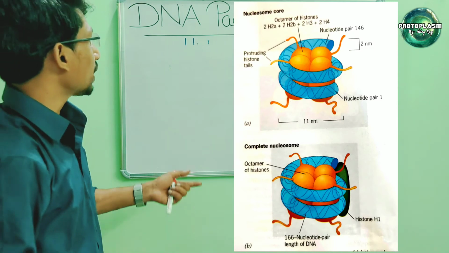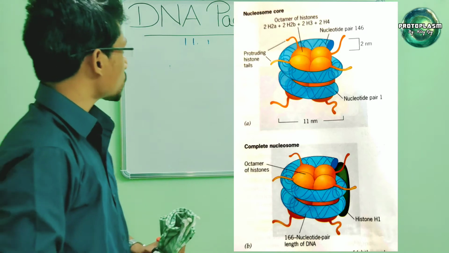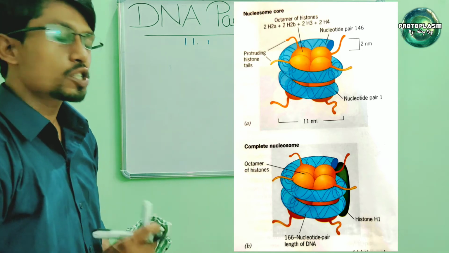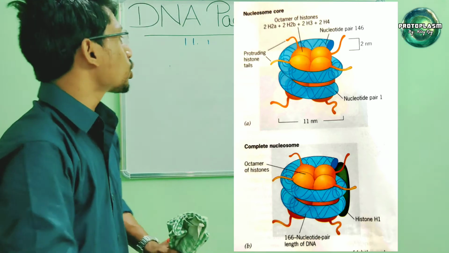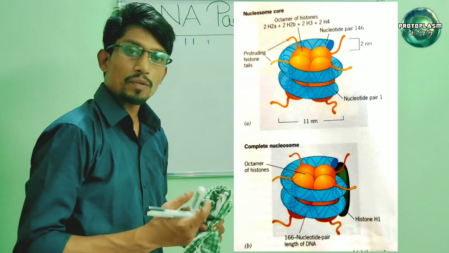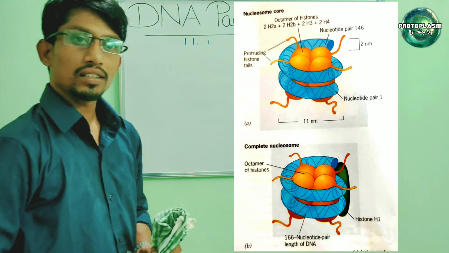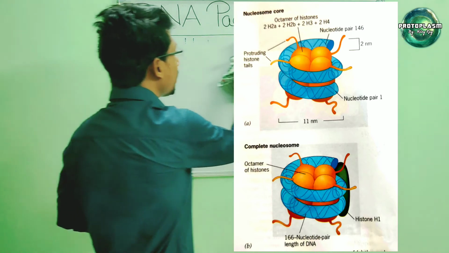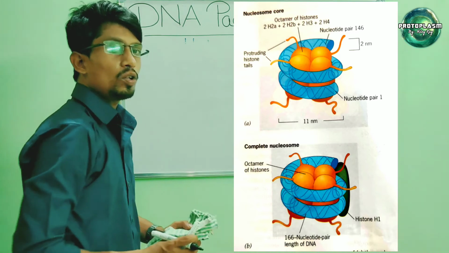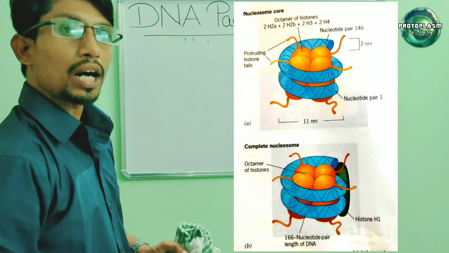Now you can see the histone octamer, the core of the nucleosome, that consists of 8 molecules of histone protein, 2 molecules each of H2A, H2B, H3 and H4, joined on the outside by H1 histone. H1 histone binds the whole structure. Okay, see here the structure. Clear?